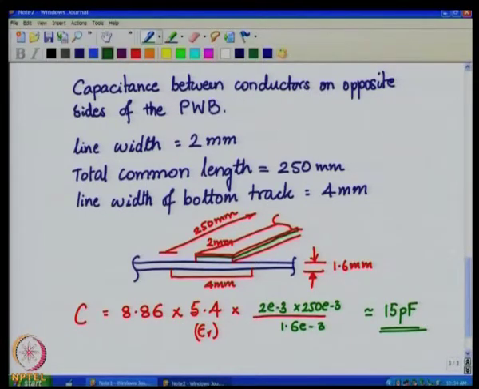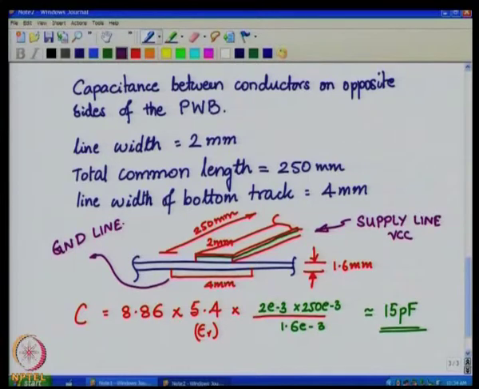So, when you are talking of tracks on opposite sides, you see that this top track could easily be a supply line, supply line meaning the VCC line, and the bottom track could be a ground line.